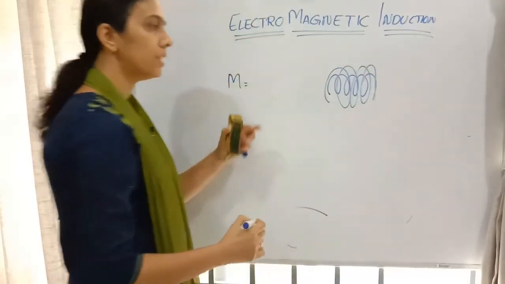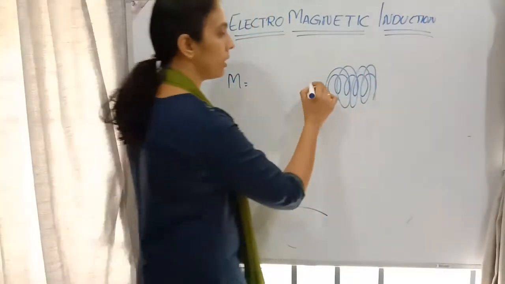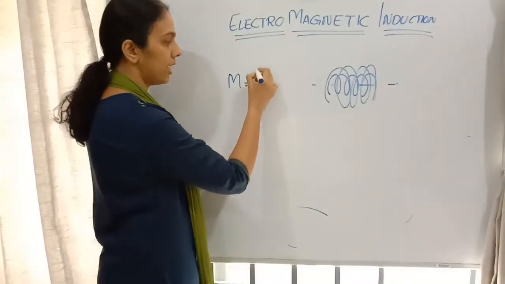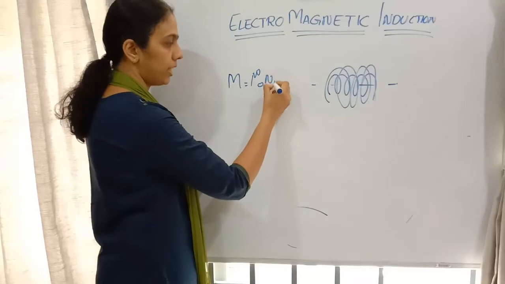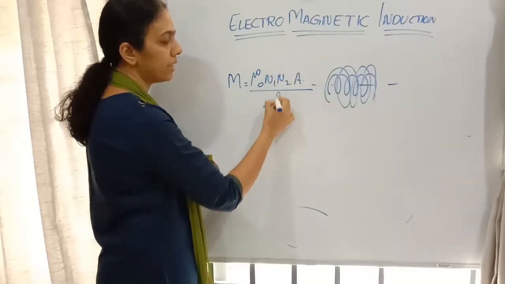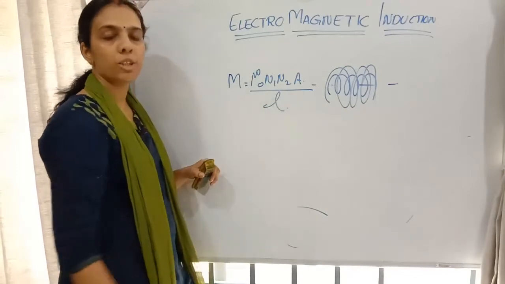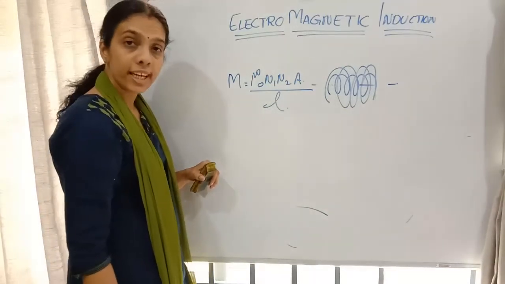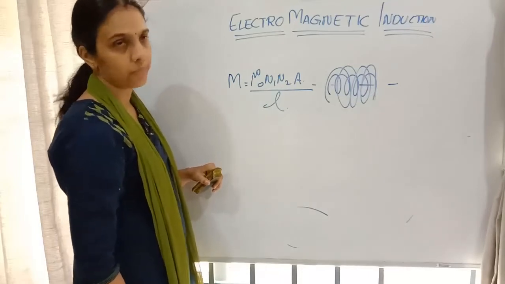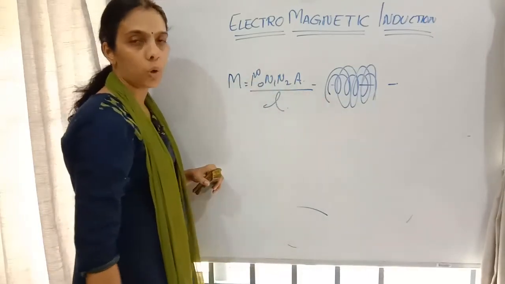This is coaxial, so both are having the same axis. For coaxial solenoids, it is mu 0 N1 N2 A divided by L. This is the formula to find out the mutual inductance or coefficient of mutual induction of two coaxial solenoids.